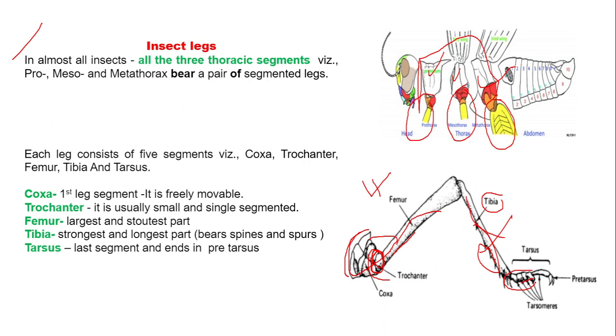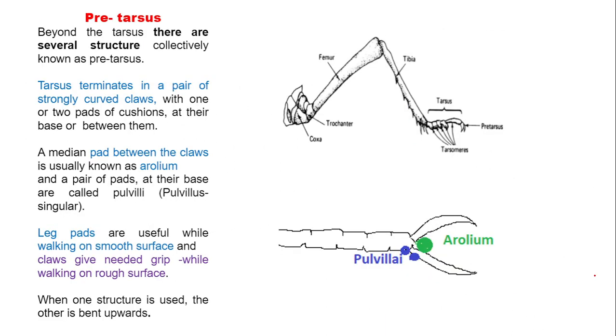Then what do you mean by pretarsus? Beyond the tarsus, there are several structures commonly known as the pretarsus. The tarsus terminates in a pair of strongly curved claws, and in between the claws, a median pad-like structure is known as the arolium.